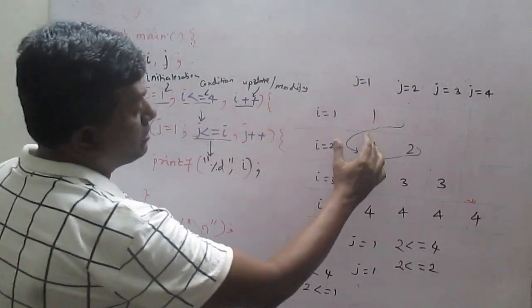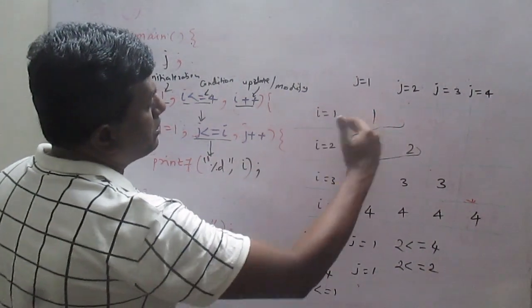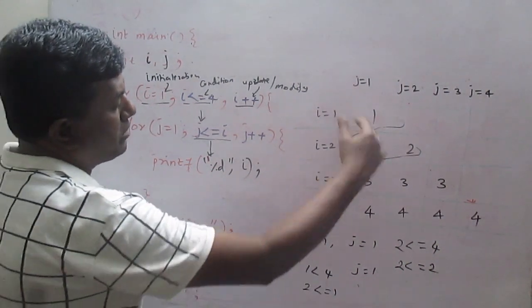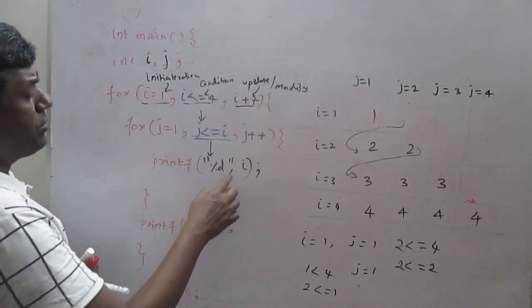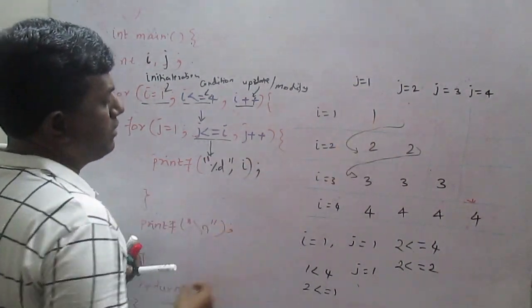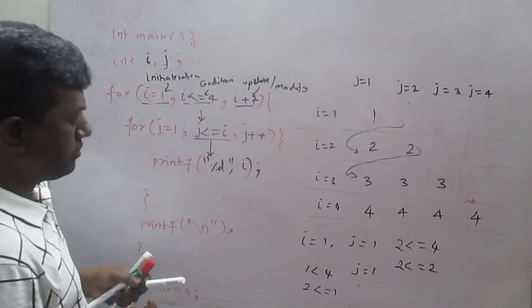So that is the reason we are getting each row according to the row numbers, so we are getting the pattern. Now instead of i, suppose you replace this with j, what happens? So that is what we have to see.